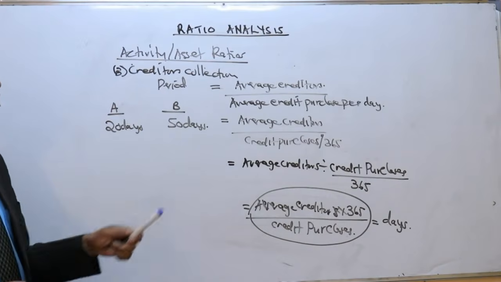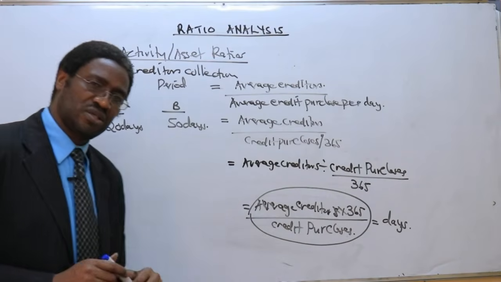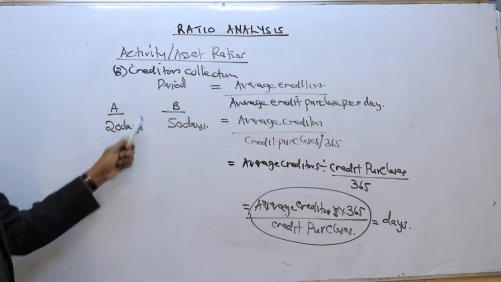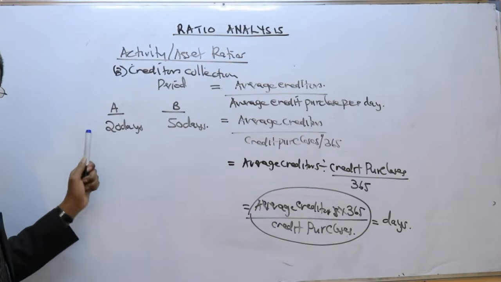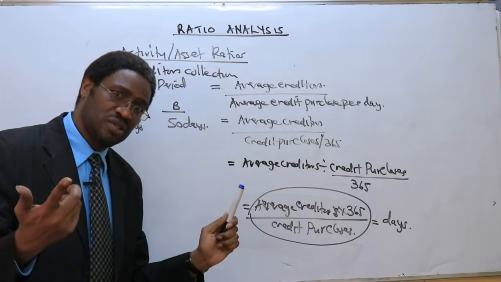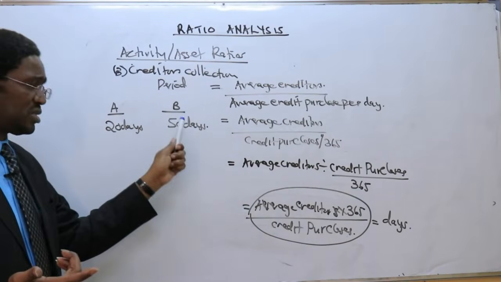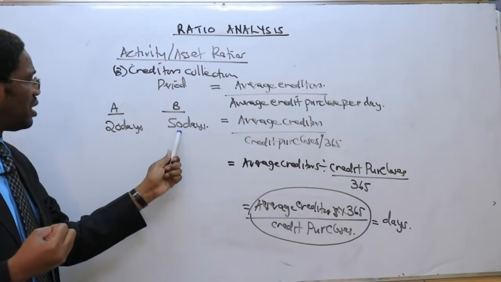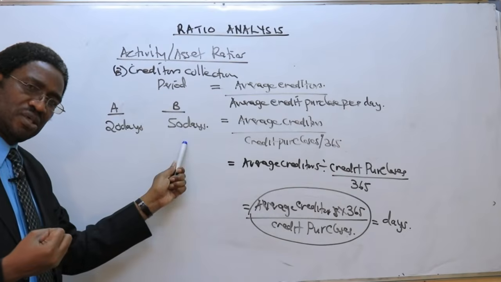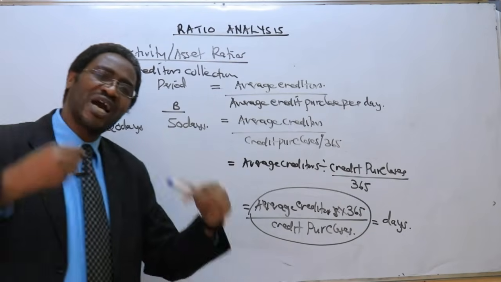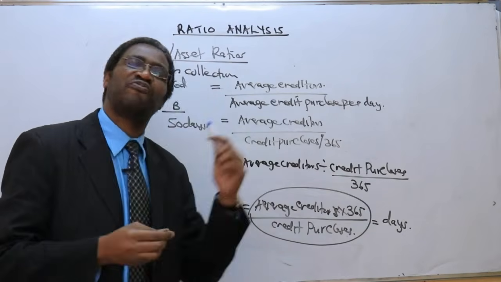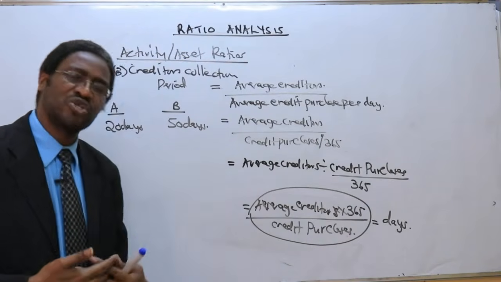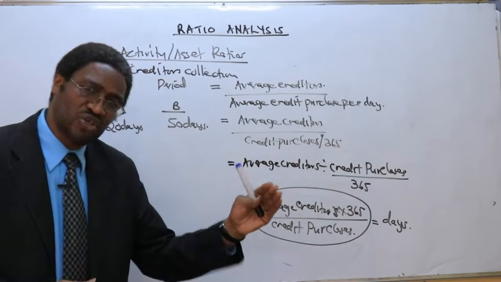The reason is this: company A, by the time they are paying their creditors, you as company B have another 30 days to pay, meaning that you can utilize your cash somewhere else to generate profit before the date of payment.